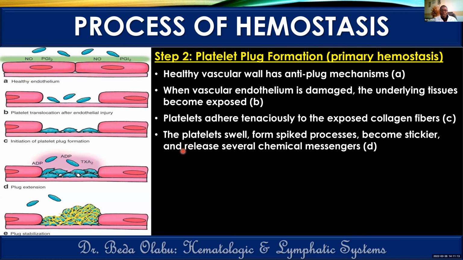Such platelets also release multiple chemical messengers. Some of the chemical messengers that they release are ADP as well as thromboxane. These chemical messengers are the ones which also continue to facilitate the process of plug formation. We are going to see their functions shortly.